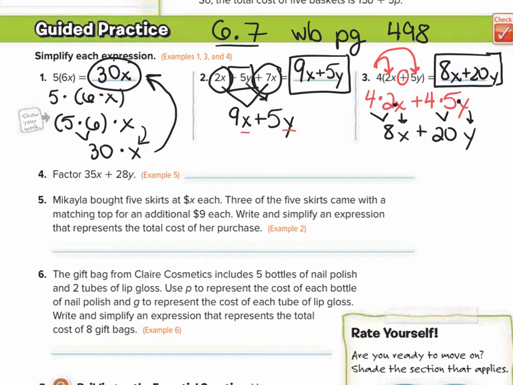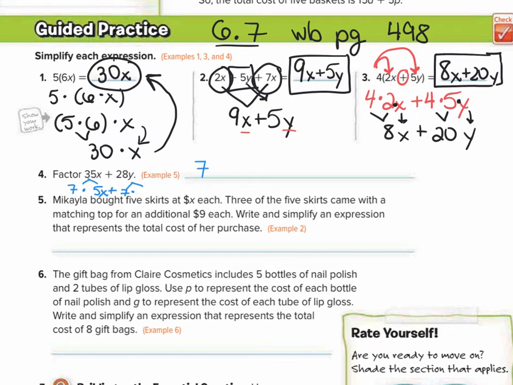Number 4, factor 35x plus 28y. Remember, we learned you first have to find the GCF of 35 and 28, which is 7. So I'm going to divide out a 7. When I rewrite this with a 7 divided out, this would be 7 times, now to get 35x, I would times 5x plus, now I want to divide out a 7 from here.